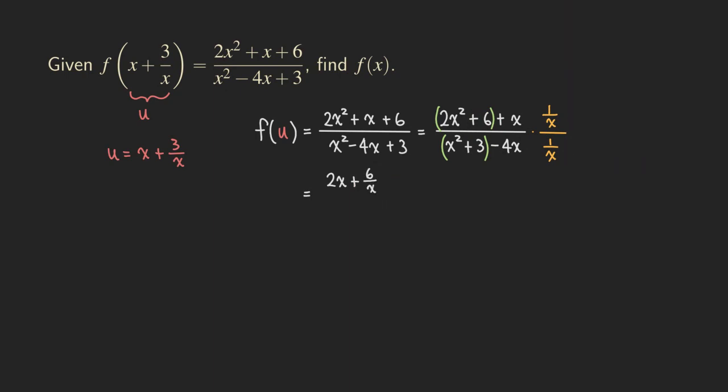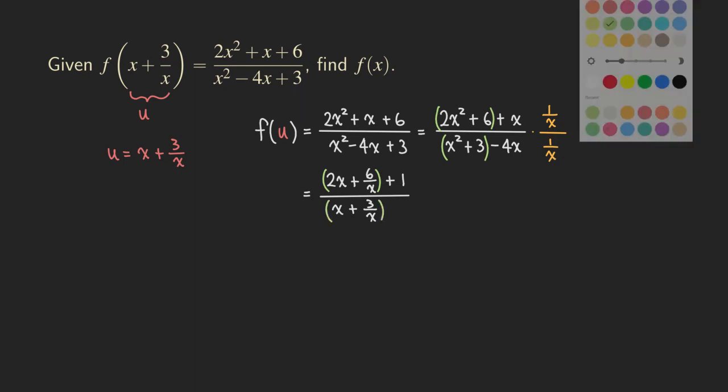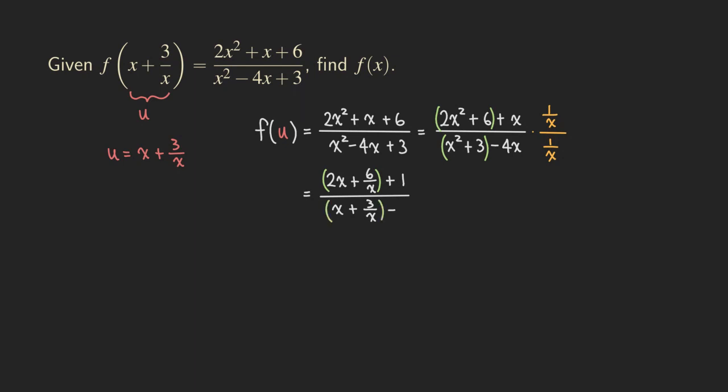I'm going to keep the parentheses for now. And then plus 1, since x times 1 over x is 1. Now the denominator: same thing, we are going to get x here, plus 3 over x, keep the parentheses, and then minus just 4.